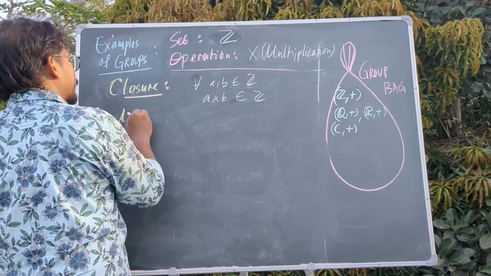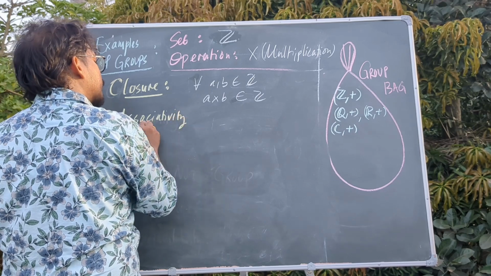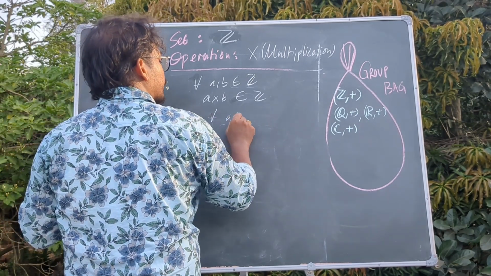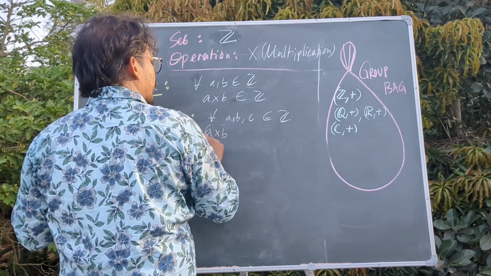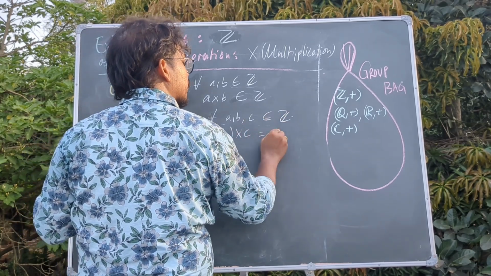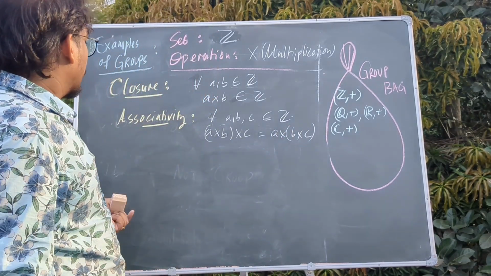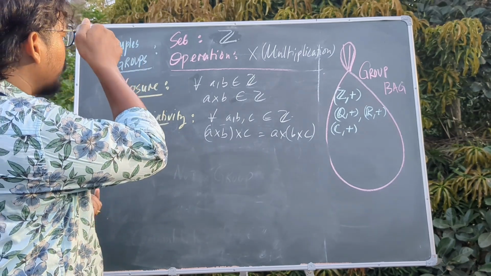What about associativity? Associativity also holds in the set of integers under multiplication. For all a, b, c in the set of integers, (a times b) times c is the same as a times (b times c).